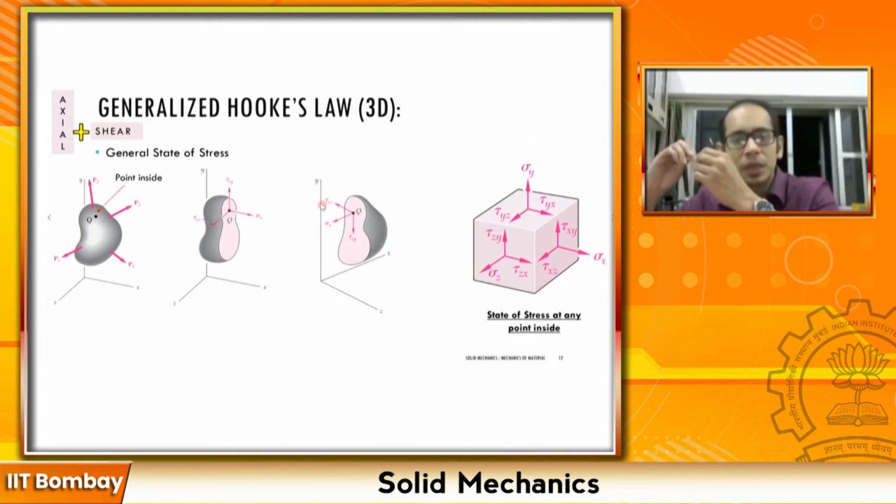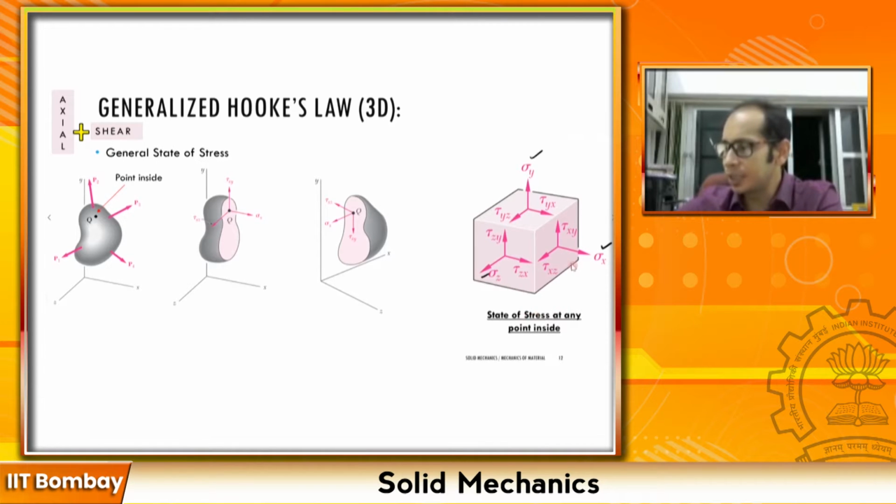So for any point within this particular body, you are going to see all these different states of stress, right? So this is the state of stress at any point inside. Remember, initially, earlier we had only looked at sigma x, sigma y, sigma z, right?